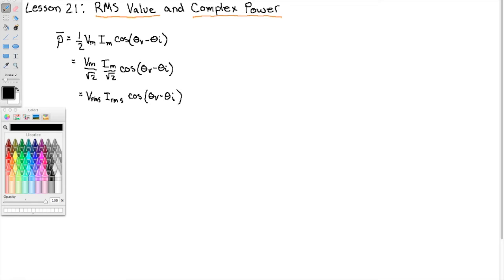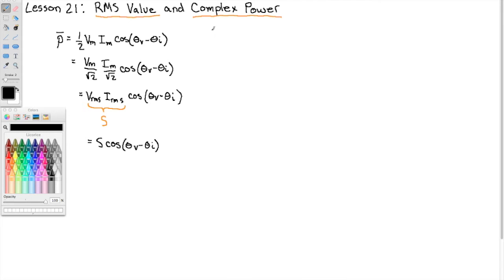Now, this product of V RMS with I RMS, we'll call this S. Your book uses S. So we'll write this as S cosine of theta V minus theta I.